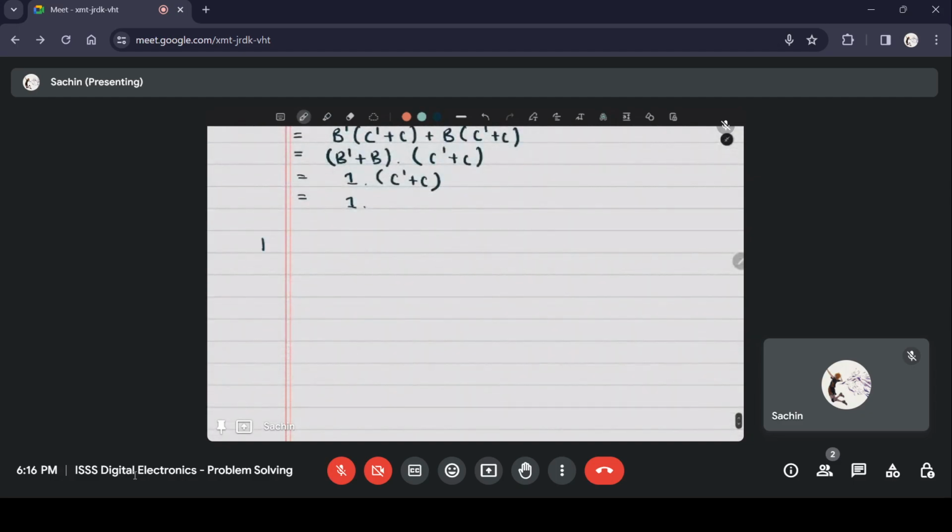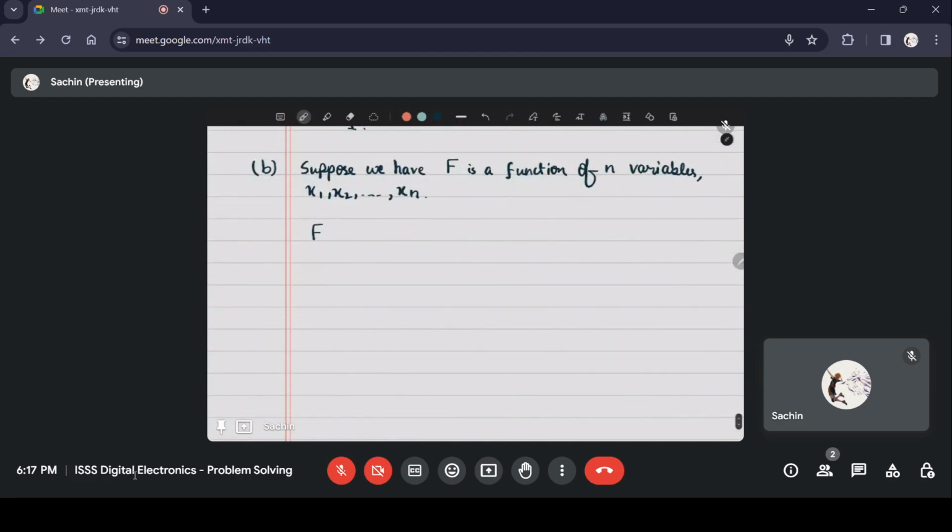Next we have to construct a general proof for this. So suppose f is a function of n variables and the variables are x1, x2 up to xn.